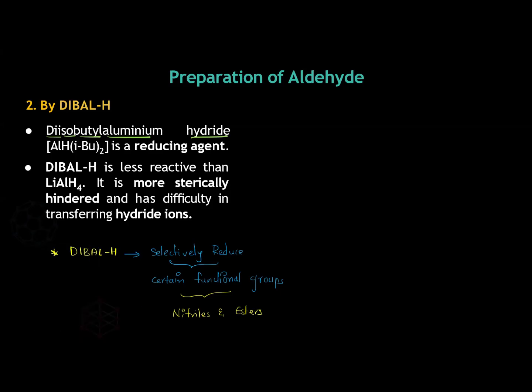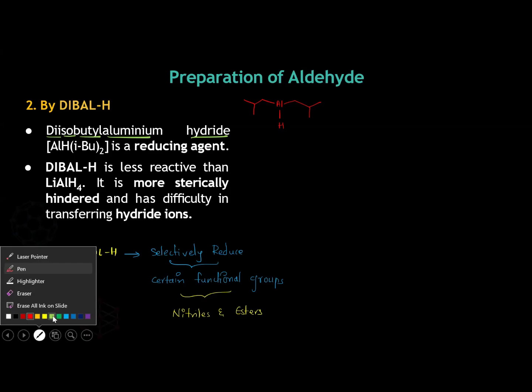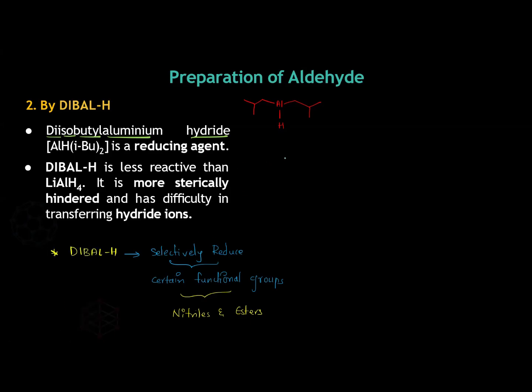So how does this Dibal H look? You don't need to remember the structure, but just know. This is diisobutyl aluminum hydride. So the reaction will follow like this: CH3C triple bond N. What is this?